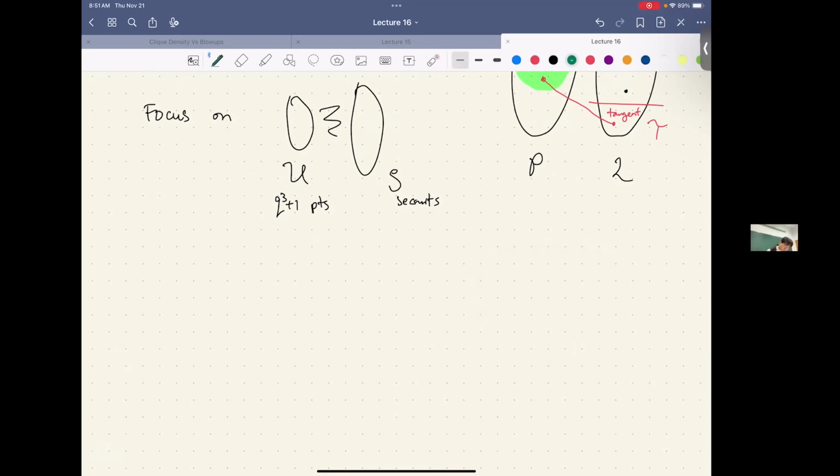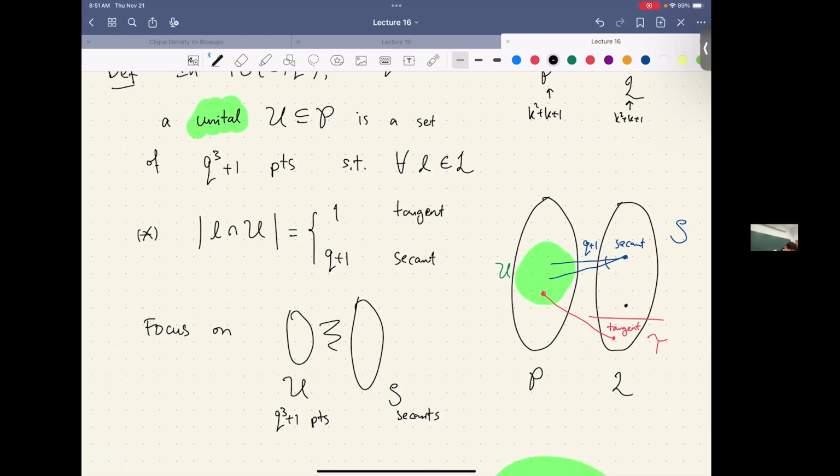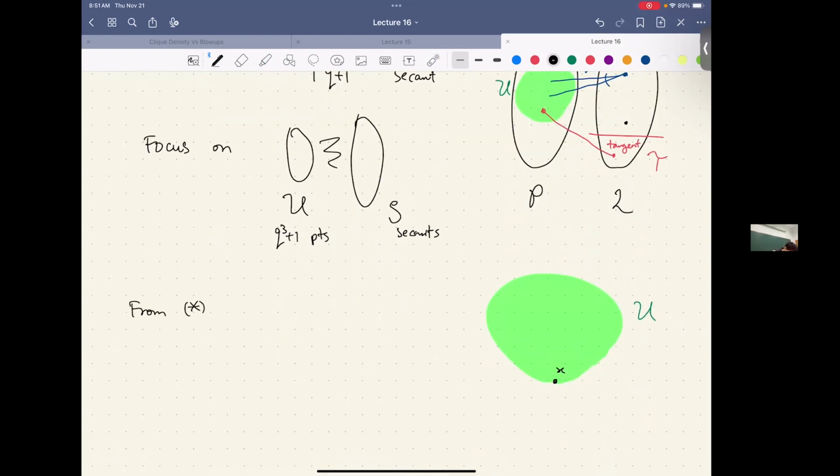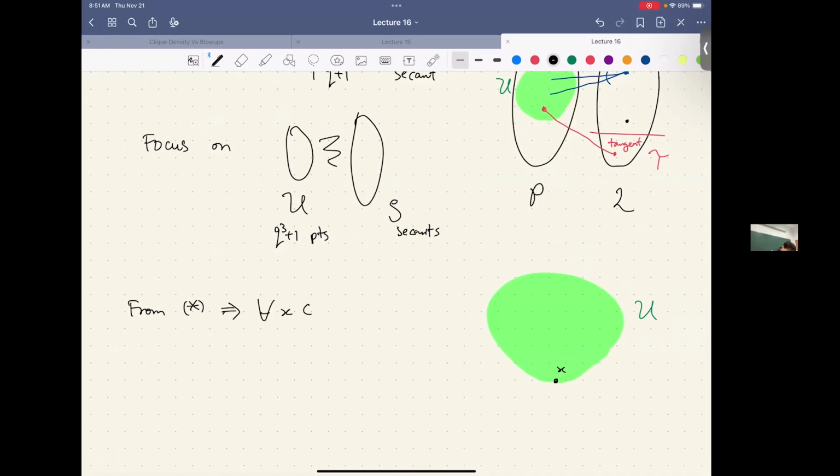So suppose this is our unital U. For every point here, let's call it X, I'll leave it as an exercise for you that there exists exactly one tangent line through X.